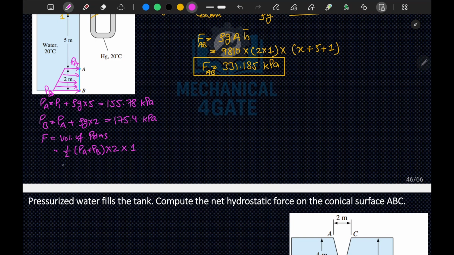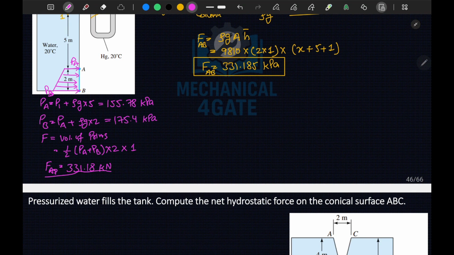If I solve this, PA plus PB becomes 175.4 plus 155.78, so this becomes 331.18 kilonewton. This is your F on AB.